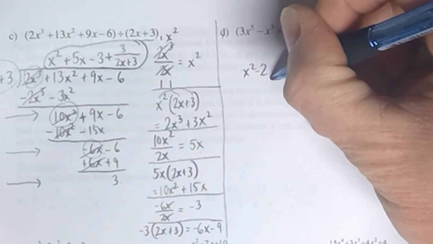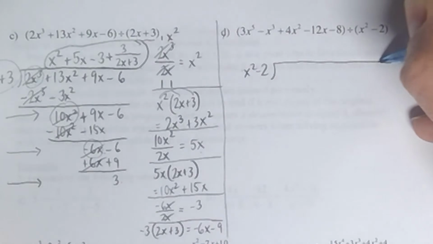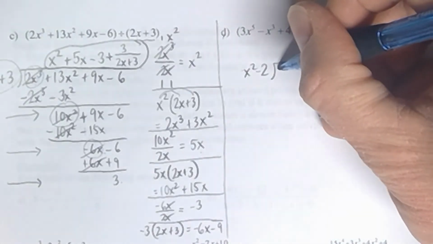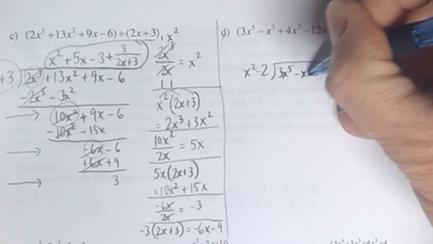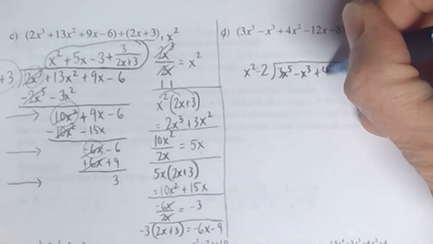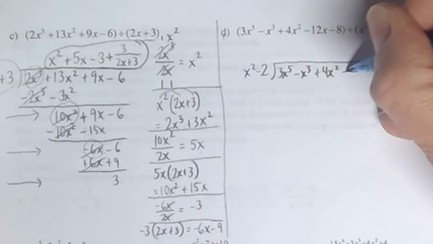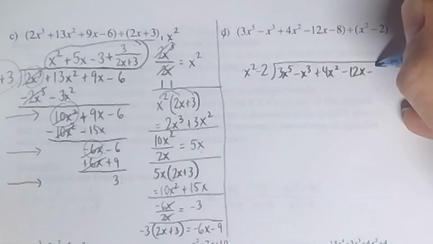So let's write this down. X squared minus 2 will go on the outside because it's the second polynomial in the division process. And then we have 3x to the fifth minus x to the third plus 4x squared minus 12x and then minus 8.